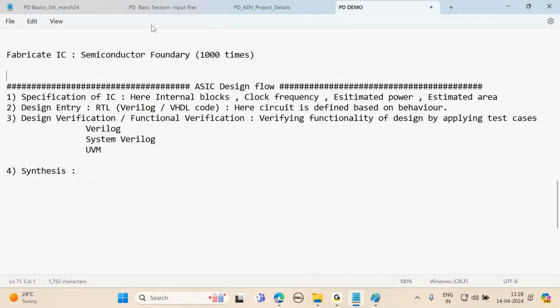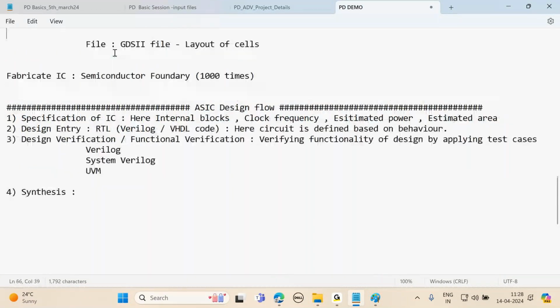Foundry can understand only the GDS, meaning the layout. So first, from behavior you have to convert to the gate level form. That is called synthesis. Converting the gate level form to the layout form is called physical design. So the next step is converting this behavioral form to gate level form. That is called synthesis.